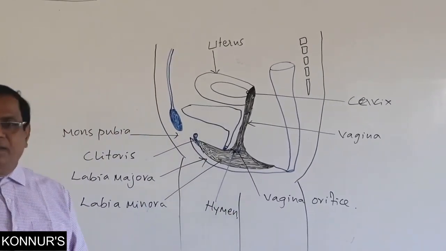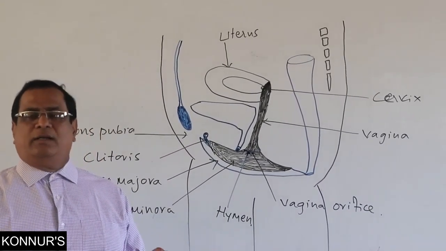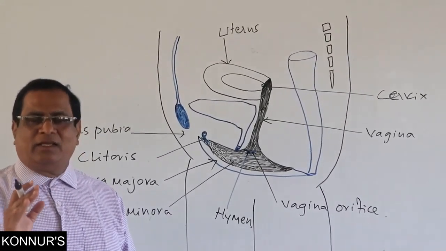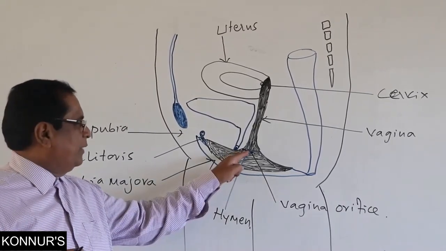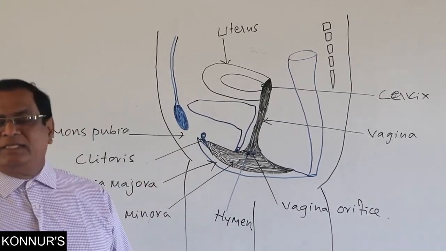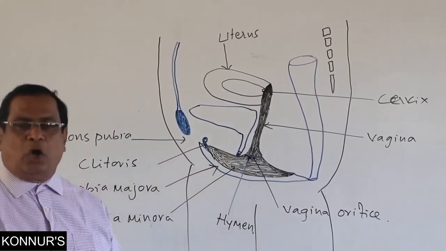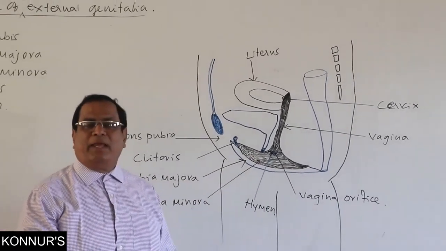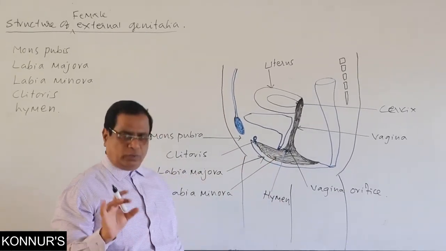The thin membrane is said to be hymen, and this hymen will be broken at the time of first coitus, means at the time of first sexual intercourse. Sometimes, if the female is a sports personality, during horse riding or cycling, this hymen may be broken due to sports activity.